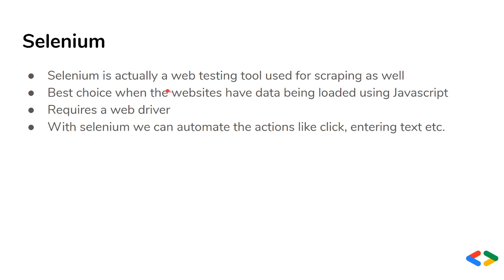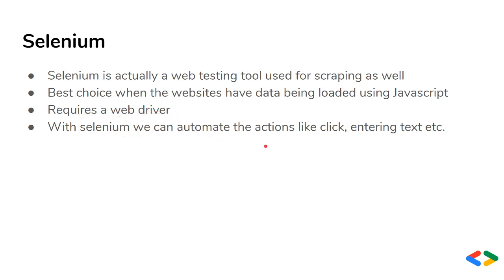So I'll talk a bit about Selenium. As we have seen, many websites have their data tucked away by JavaScript. So Selenium is a good tool if you are searching for something which has data tucked away by JavaScript. It will load the website in a browser first, and it requires a web driver.